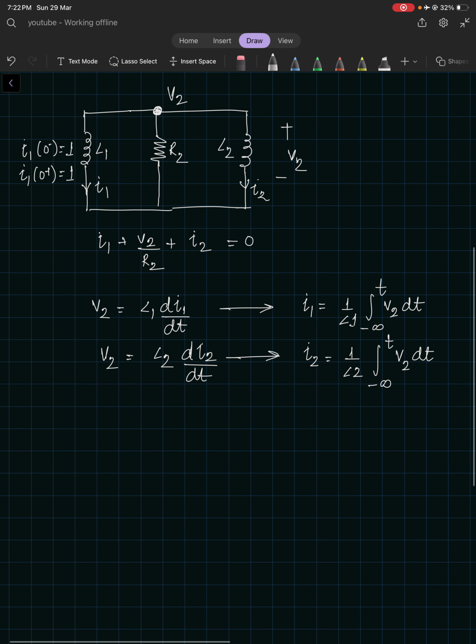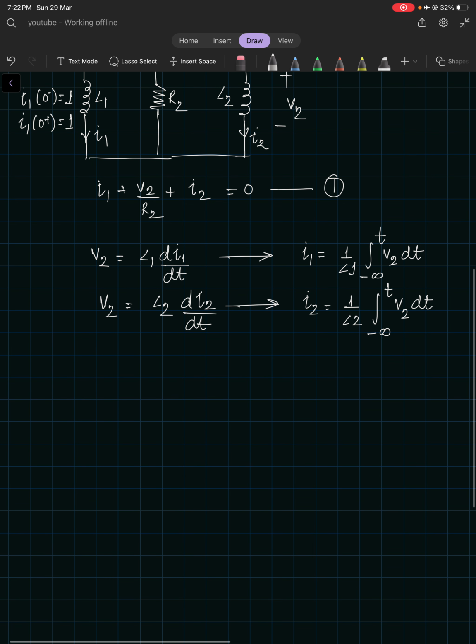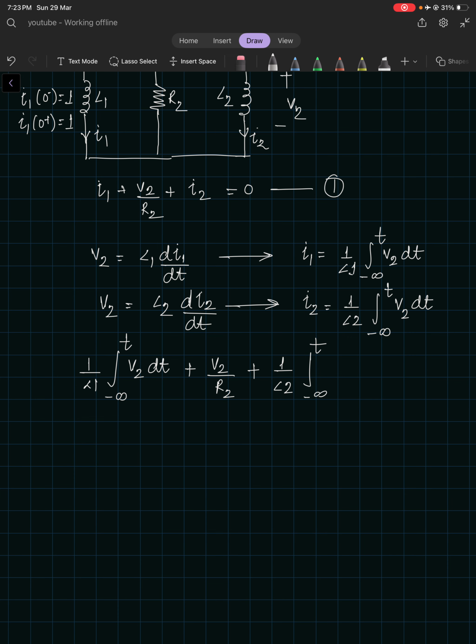Okay, so let's put this in. Let me write this as equation number 1. So what is I1? So I1 would be 1 by L1 integration from minus infinity to t of V2 dt plus V2 by R2 plus 1 by L2, right, integration from minus infinity to t of V2 dt.